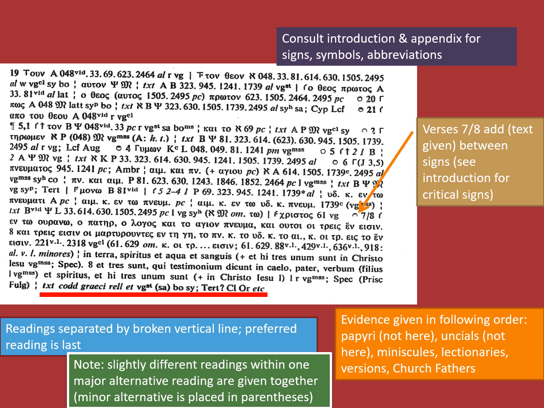The Nestle-Aland edition is coming from Europe, and various languages are being avoided by using these signs, symbols, and abbreviations, so that people who speak German or English can read the same apparatus and understand it the same way.